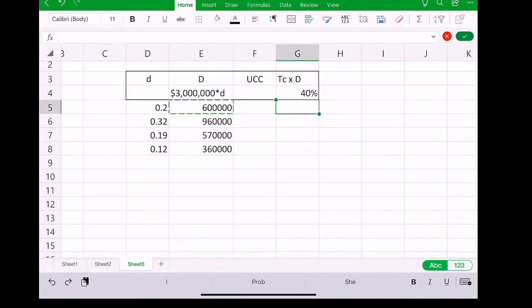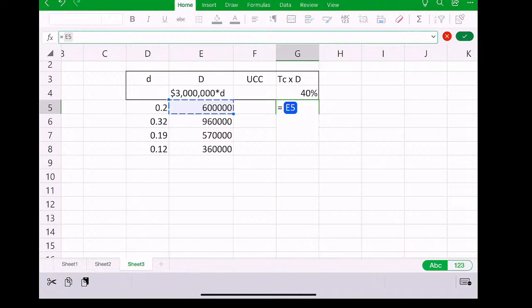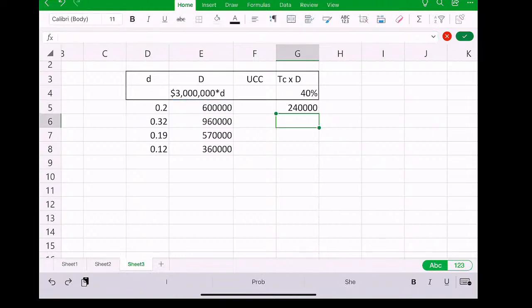And I can calculate the tax shields as a result of depreciation by multiplying these again by 40%. So those are the tax savings, $240,000 due to depreciation, and then a bit more, 384,000 the second year, and so on.